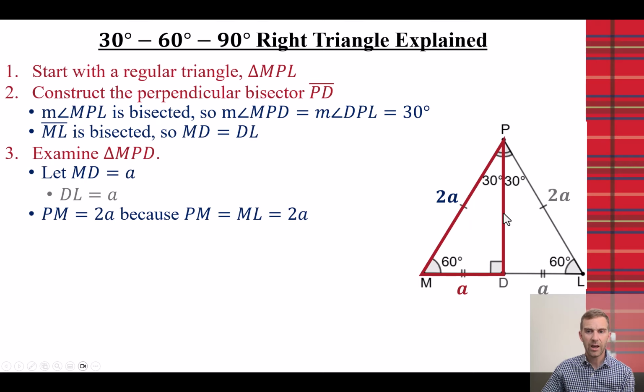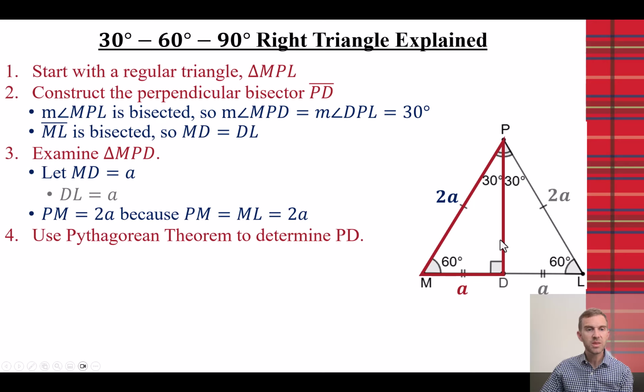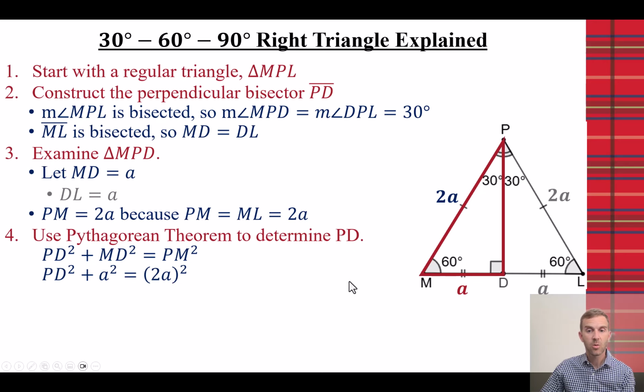Then you may ask, well, how do we get this side? Well, we're just going to use the Pythagorean theorem to determine PD. And so we know that would be MD squared plus PD squared equals PM squared. And we can substitute in the values we have. We have A squared and 2A squared. 2A squared means 2A times 2A, which is 4A squared.